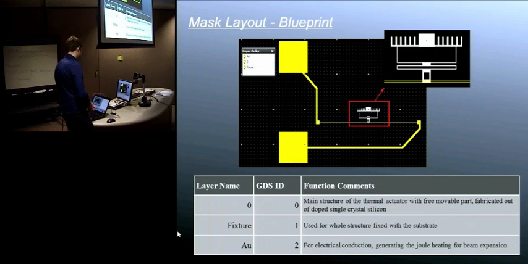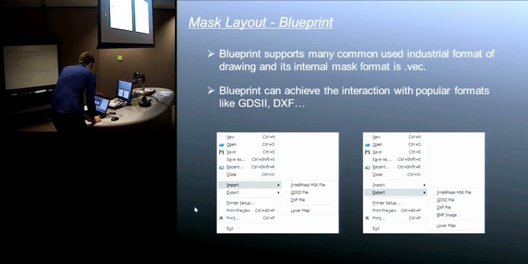So here's our basic layout and Blueprint along with our material information. And in this case, we started out with a GDS file that we converted to .vec.